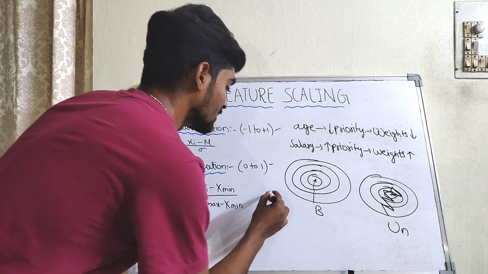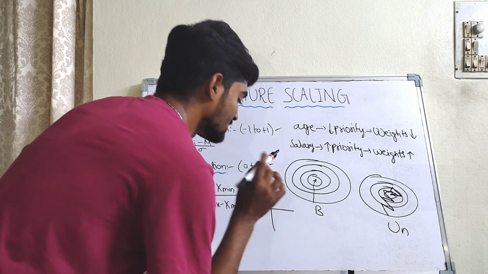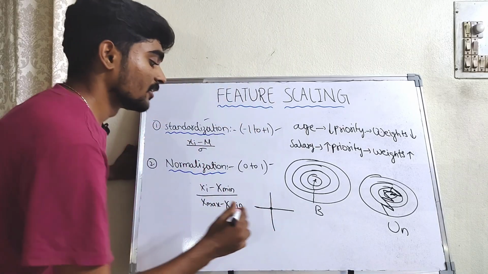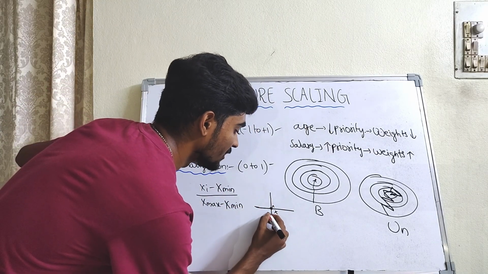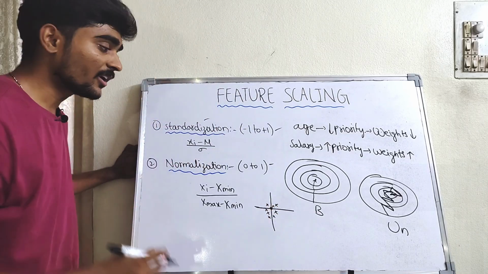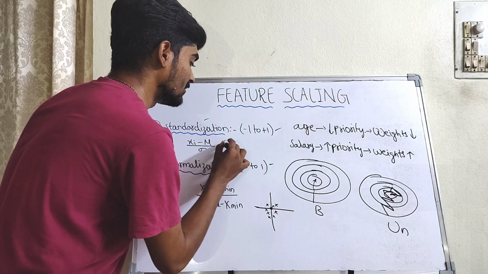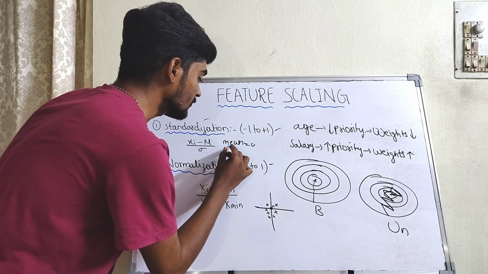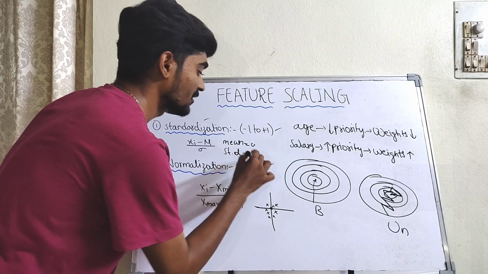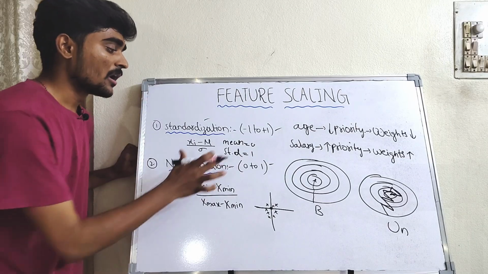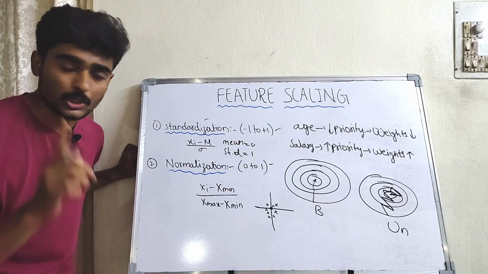After applying standardization, the data points are mean centered. In standardization, the mean is equal to 0 and the standard deviation is equal to 1.